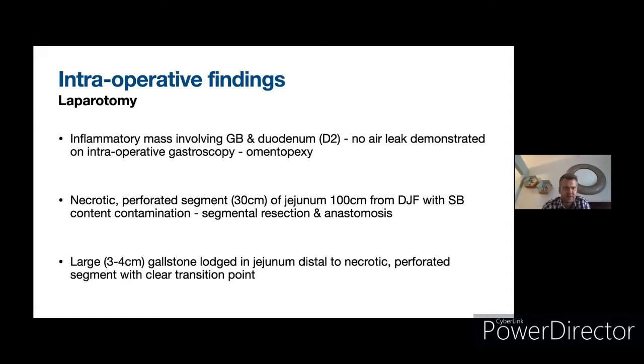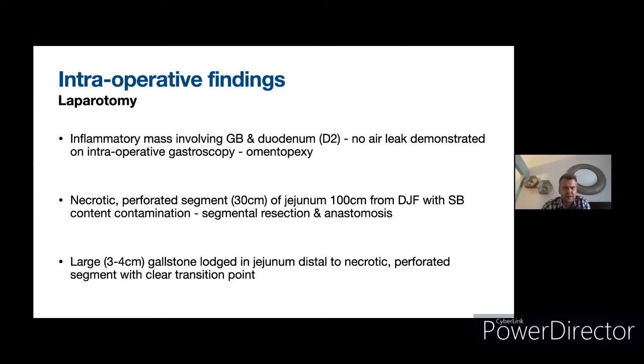a bit more robust. There was a necrotic perforated segment of jejunum about 30 centimeters long, which was 100 centimeters from the DJ flexure, with small bowel content contamination of the peritoneal cavity. This area of small bowel was resected and anastomosed.